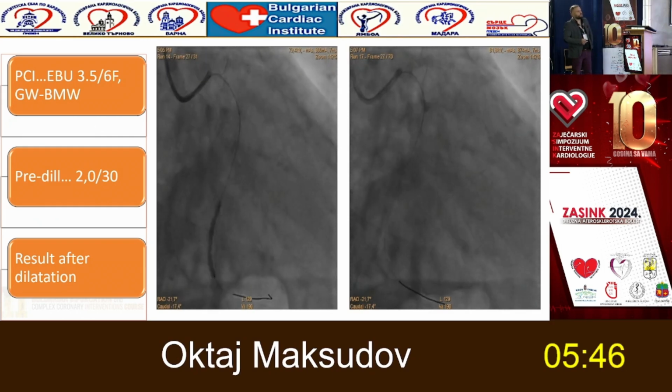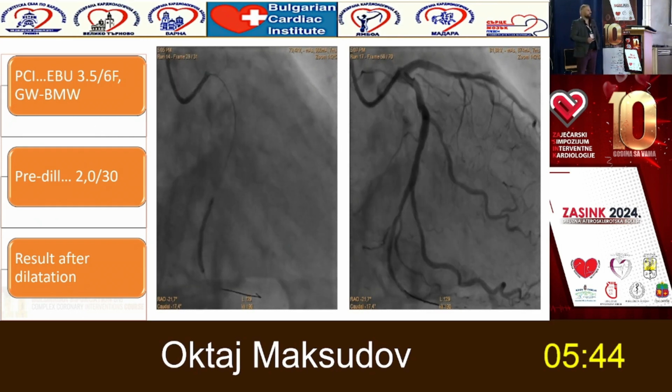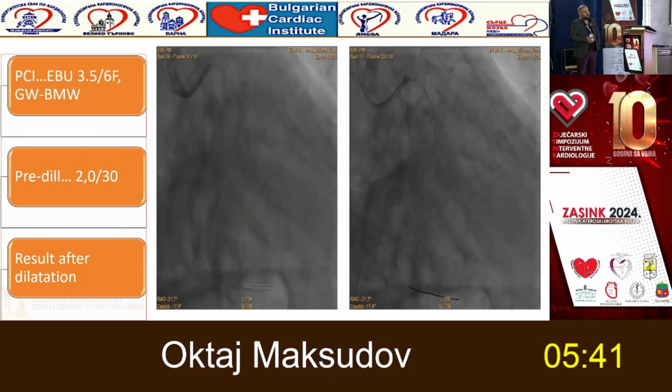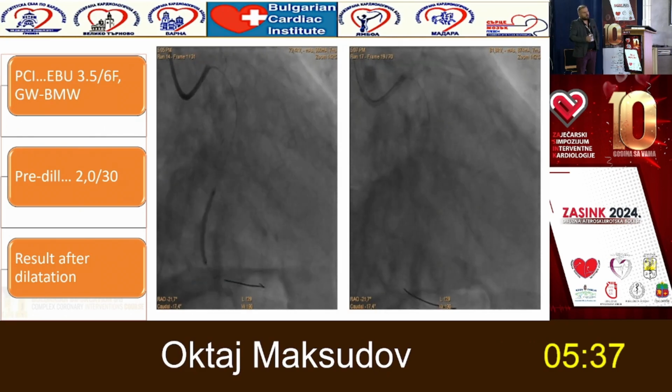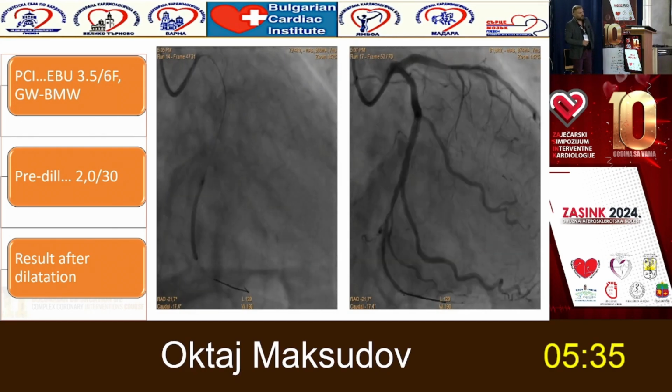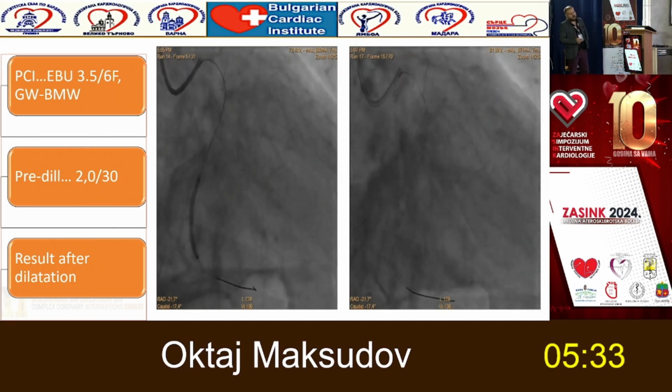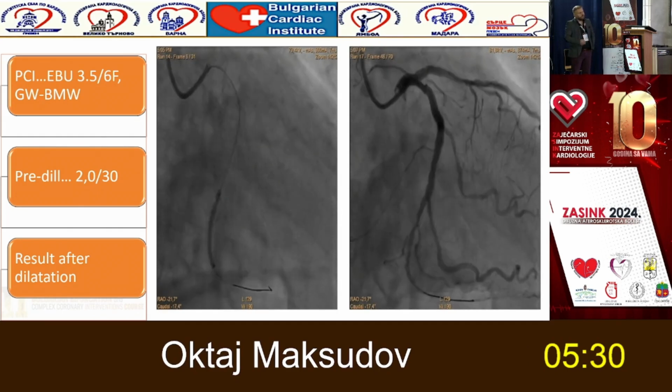we started the procedure with EBU 3.5, going, as I said, with a workhorse wire. We did the predilatation. The balloon went very smoothly into the distal part of the circ, and this is the result after the predilatation.